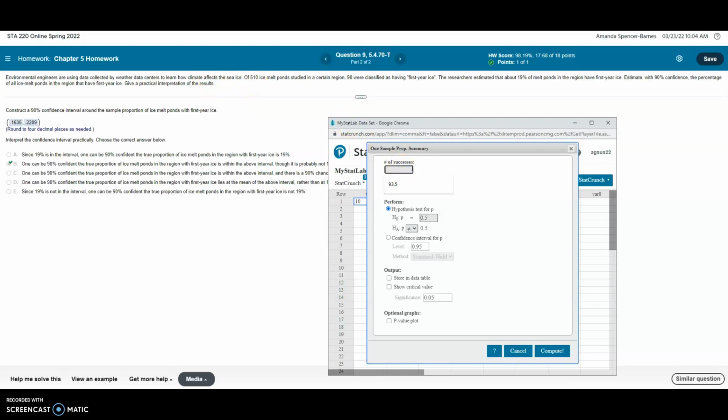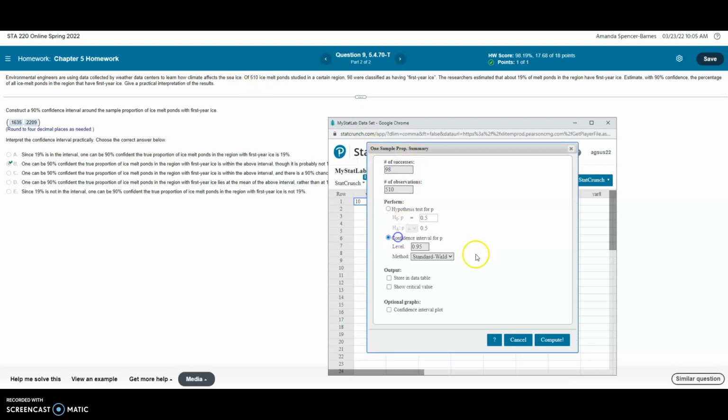The number of successes is going to be how many out of that sample size, in this case, were classified as having first year ice, and it gives the number to us at 98. If it did not give us this number, we would take our percentage and multiply by the total number in our sample size, and that would give us the number of successes.